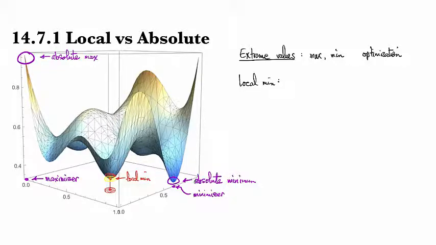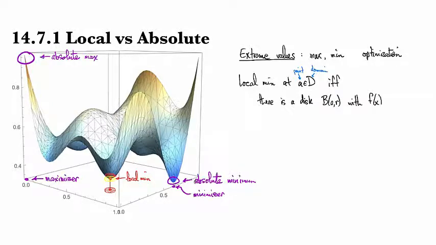we say that we have a local min at some point A in the domain if and only if there's a disk centered at A of radius r with the function values bigger than at the center.